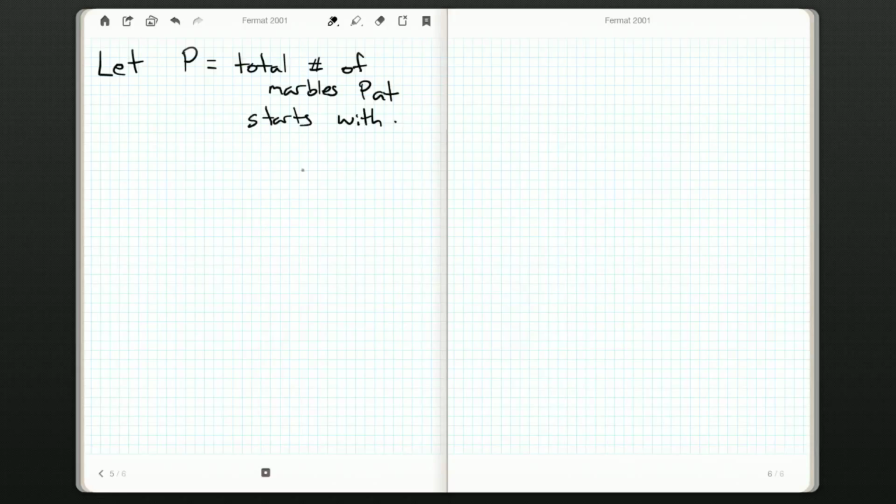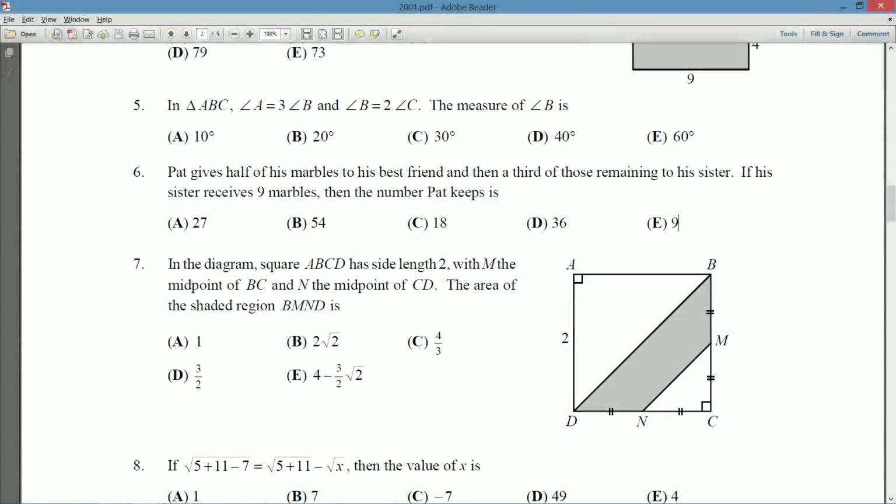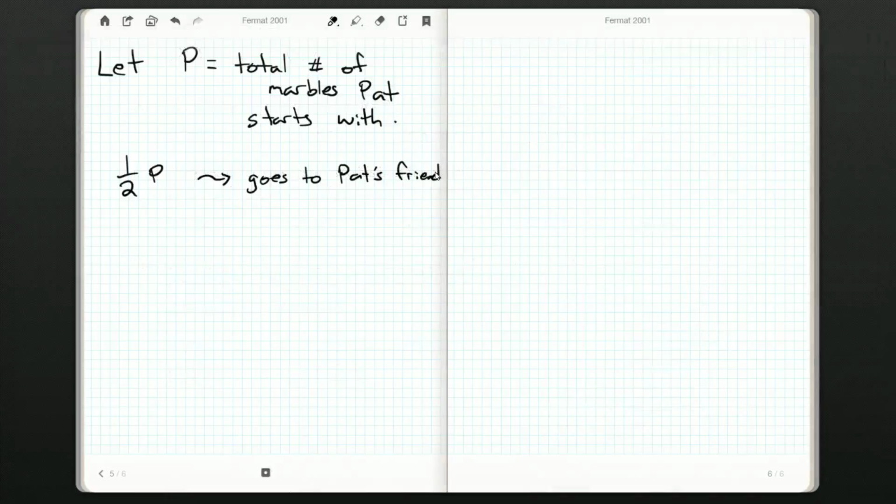So P is the total number of marbles. Half P goes to Pat's friend. Was it his friend or was it his best friend? His best friend. I would argue that his best friend is his sister, and that would completely mess up the question. No. We'll assume that his best friend is actually different than his sister.